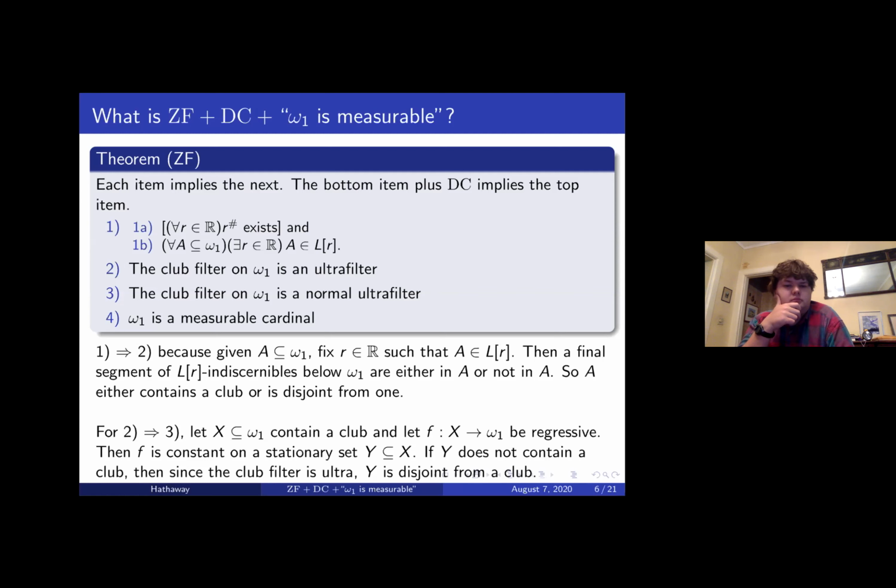But on the face of it, just thinking that the club filter on omega 1 is an ultrafilter, there's no reason to think that couldn't be forced over L. The proof that was claimed is invalid, but there's no reason to think that it could not somehow be modified so that you could force over L to get the club filter on omega 1 as an ultrafilter.